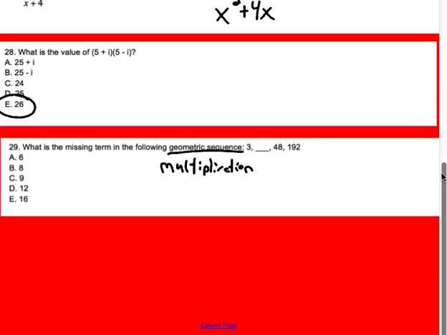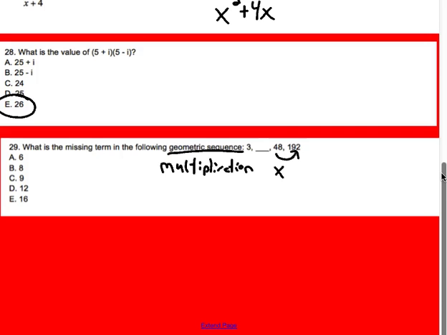I'm multiplying by the same thing over and over again to find the next terms. So, how does this help me? Well, I know that going from 48 to 192, I'm multiplying by a certain number. So we need to figure out what that number is.